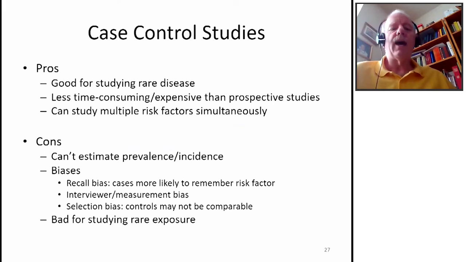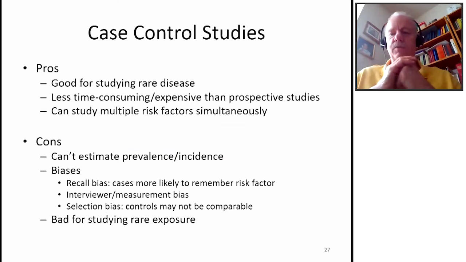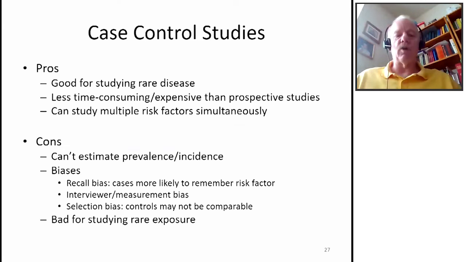And it's generally not as time consuming and expensive as a prospective study looking forward. You can study multiple risk factors simultaneously, but one of the cons of case control studies is you really can't estimate the prevalence or incidence of disease.